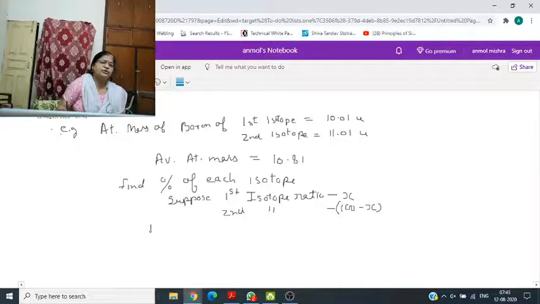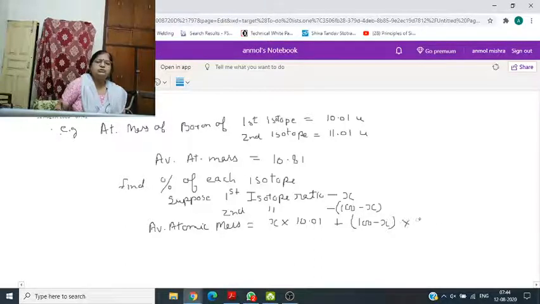So we will apply the formula for average atomic mass: the first isotope percentage is x and its atomic mass is 10.01, plus the second percentage 100 minus x into 11.01, and the average atomic mass given to you is 10.81, so that is divided by 100.